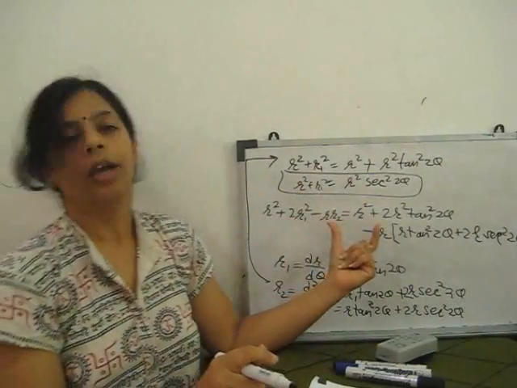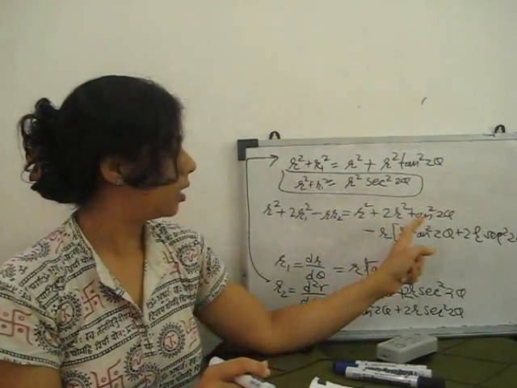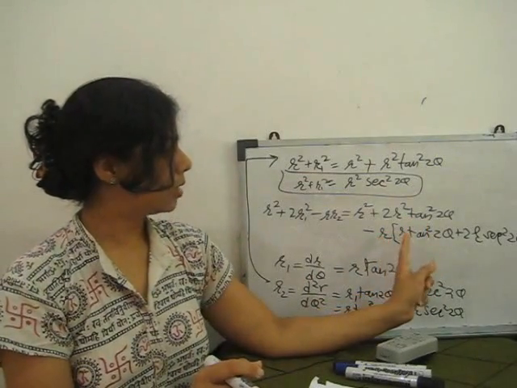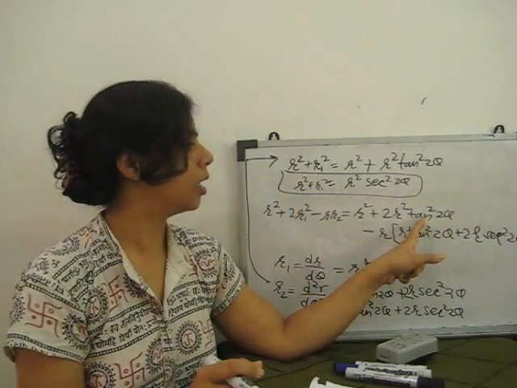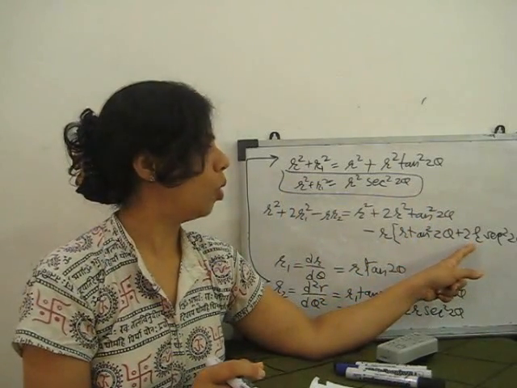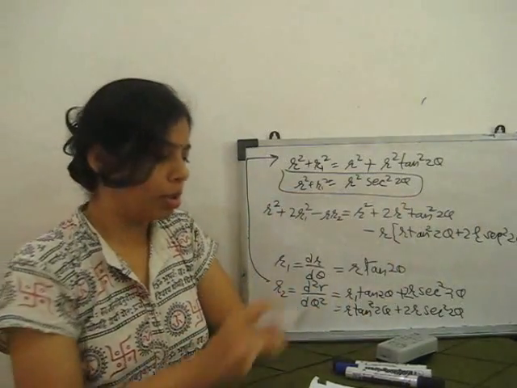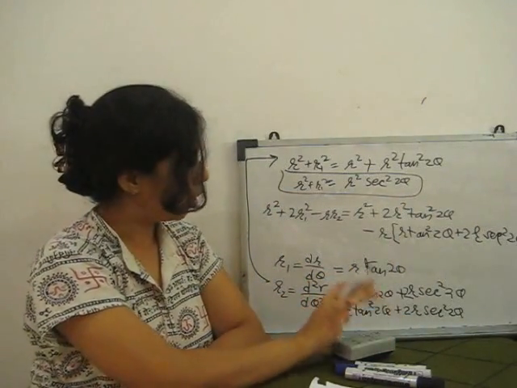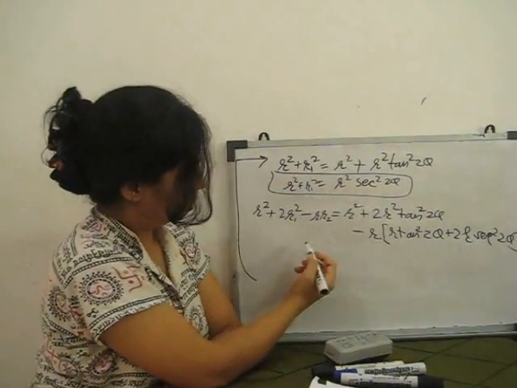Clear? Now just rearrange and simplify. Here we have 2 r square tan square 2 theta minus r square tan square 2 theta, so one r square tan square 2 theta remains, and there is minus 2 r square sec square 2 theta.